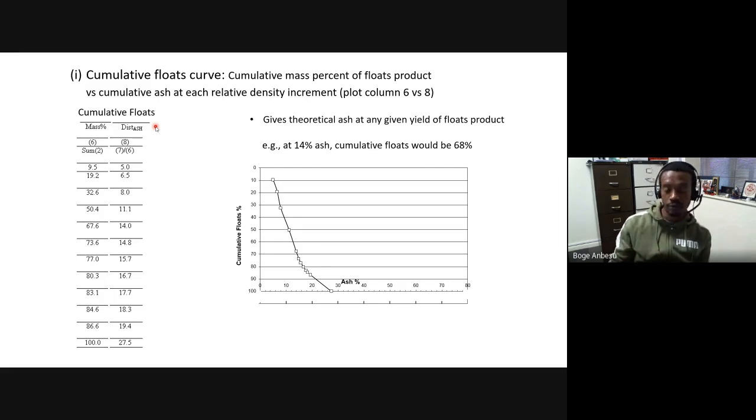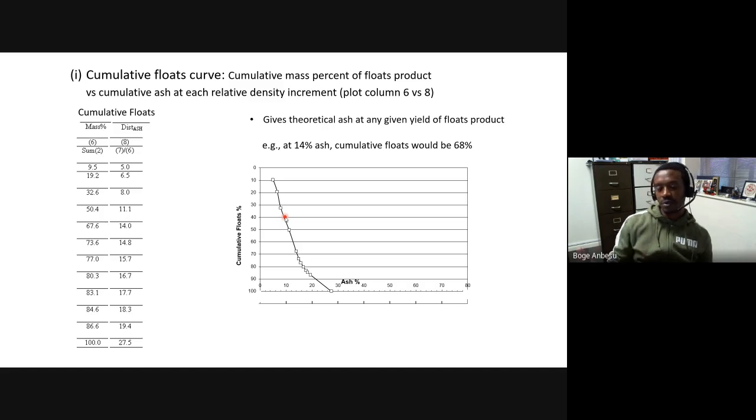Because it could be a lot of losses into the tails, but we want to know if it actually makes sense economically. So what you can do there is you go to the 10%. So that's here. So that is 10% ash in my product or in my floats. What is the recovery that I expect? So the recovery that you expect is somewhere around 40%.